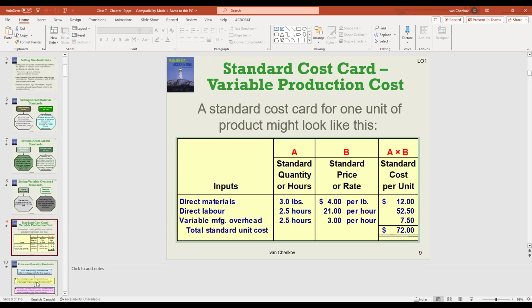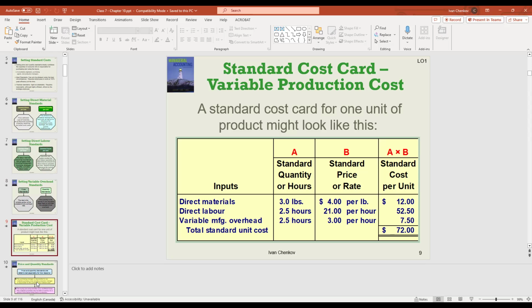Once we have those, we can come up with the cost. Quantity times the price per quantity gives us the cost for direct material. For labor, we get hours for 1 unit times the rate per hour, and that gives us the direct labor cost for 1 unit.